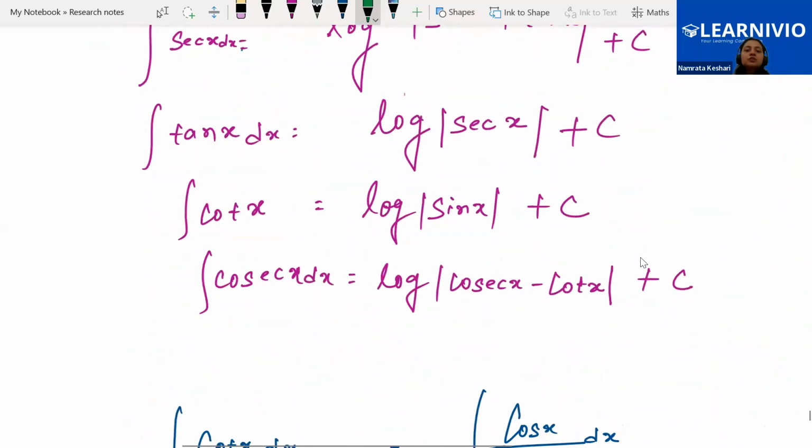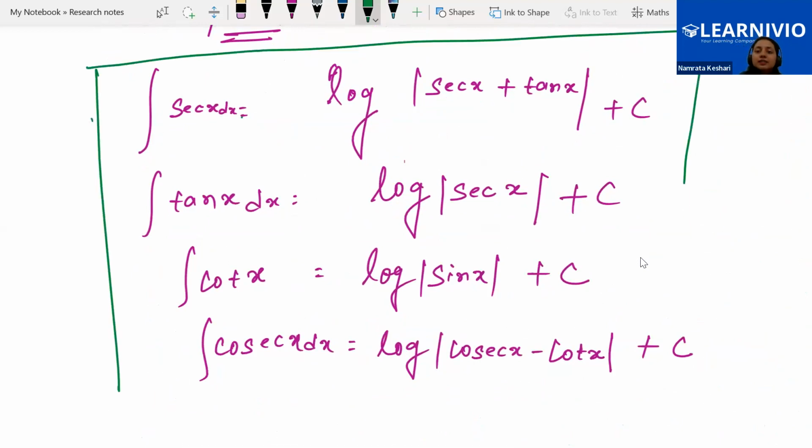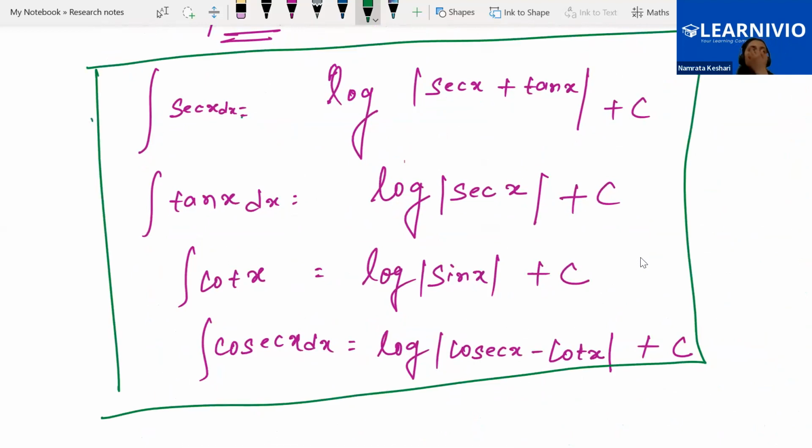I'm telling you to memorize the formula as it is, because here and there, while solving differential equations and doing integration, you will be getting this integration, where you can apply the formula as it is. But what if they ask you to find the integration of sec x? Then this is how you will do it.